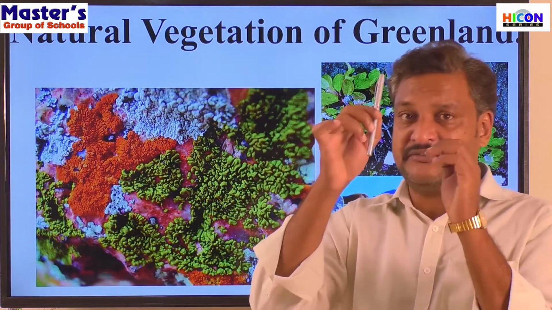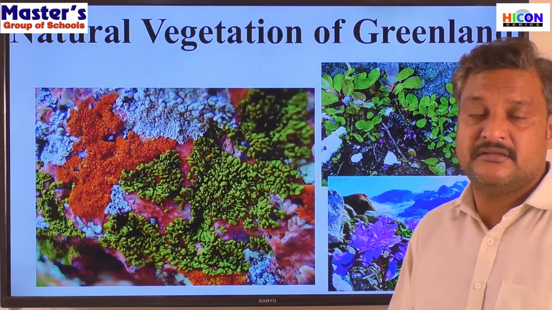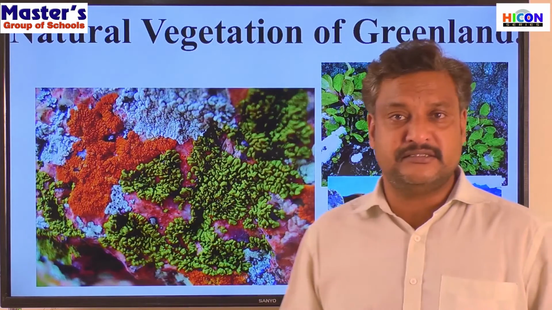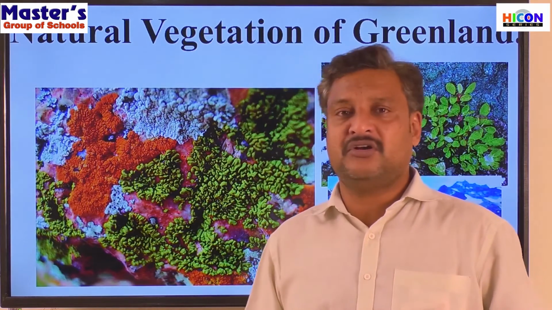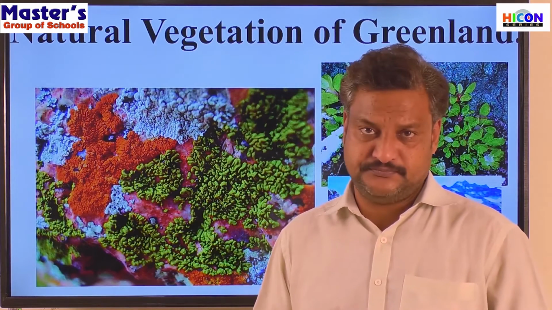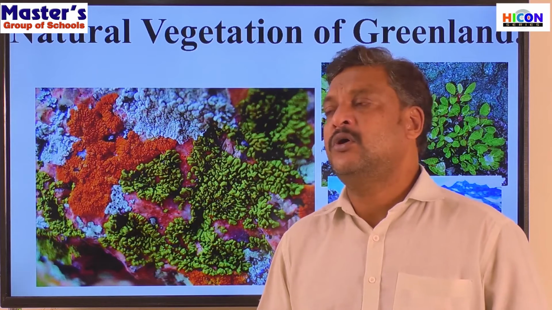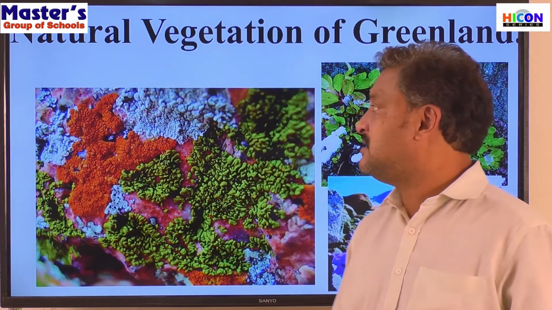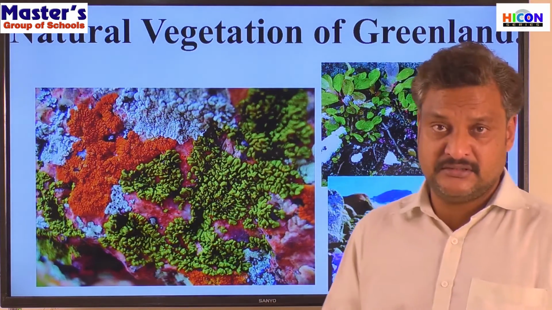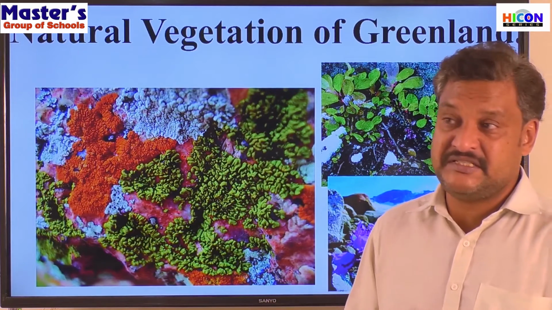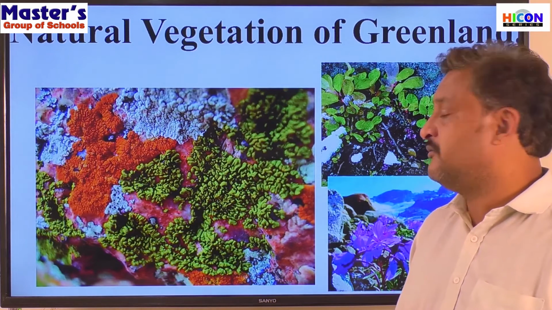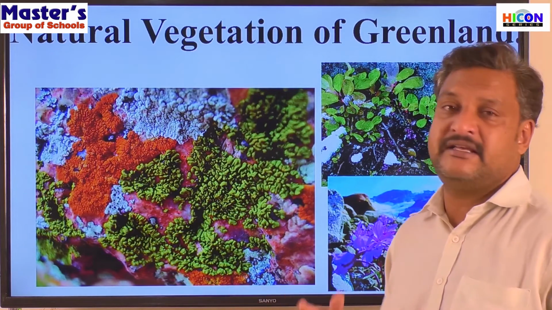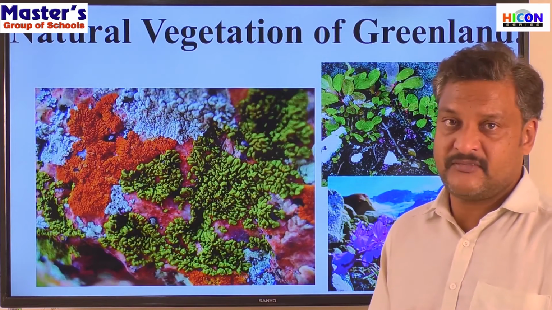That is the height of the biggest plant as far as Greenland is concerned, because the land is totally covered with snow. The ice cover on the land prevents plant growth over there. Plants grow only during the short summer season, and they are mostly lichens and the like.